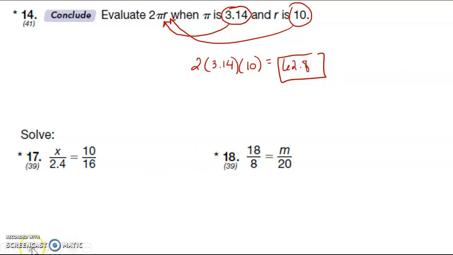Okay. Down here we have cross multiply butterfly. So again, we're going to multiply the 10 times 2.4. Bring our equals down. 16x, and you'll solve for x because there's an equals. Same thing happens in 18.